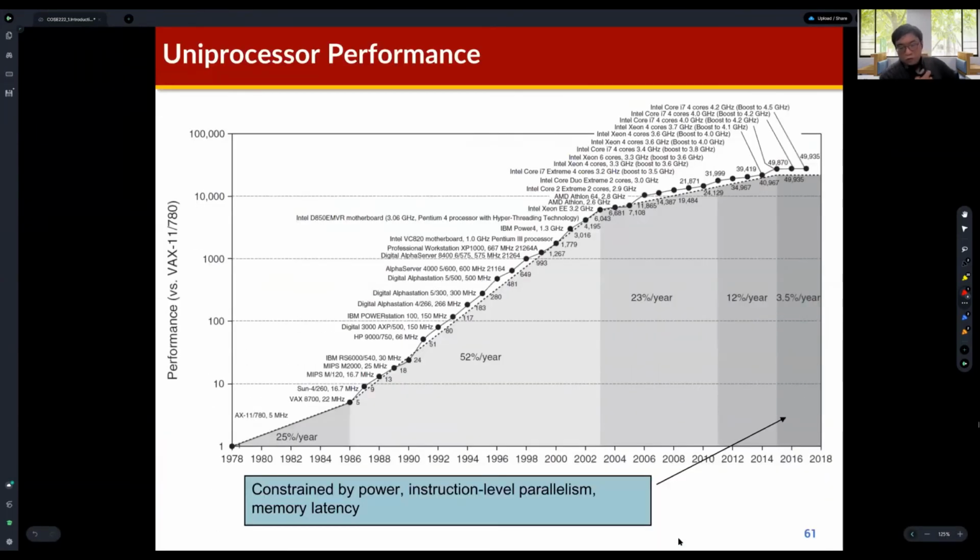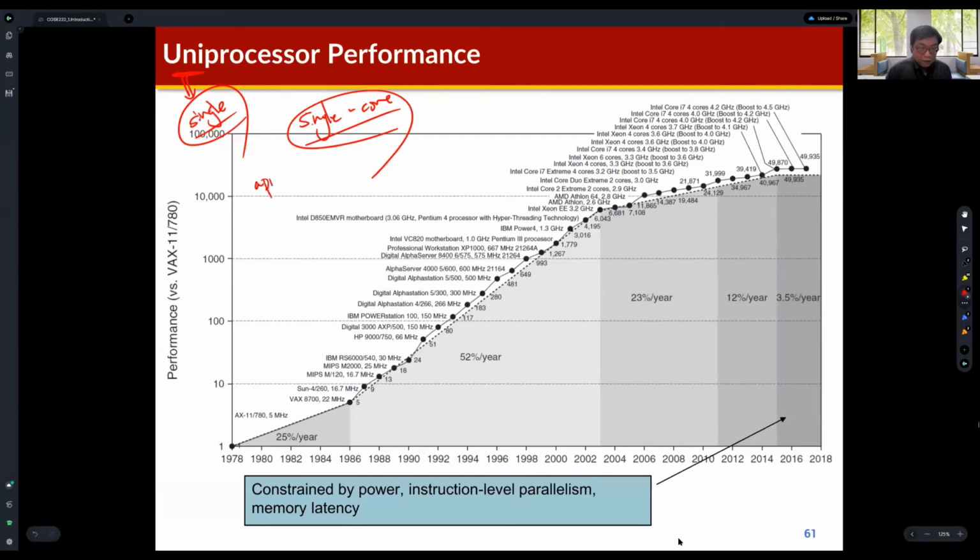So this graph shows the performance of uniprocessor. Uni means single. So we just focus on the performance of a single core CPU. What does that mean?